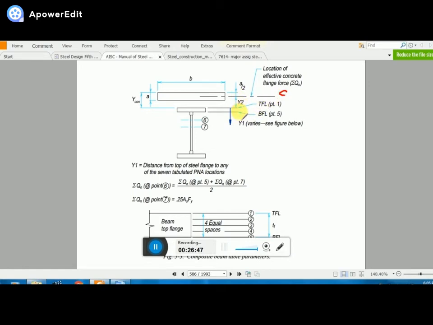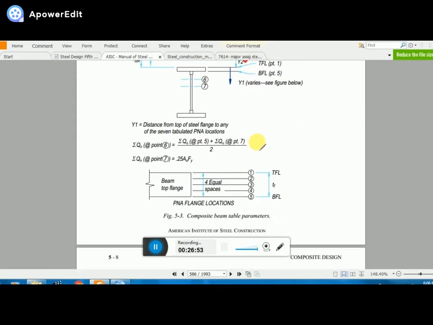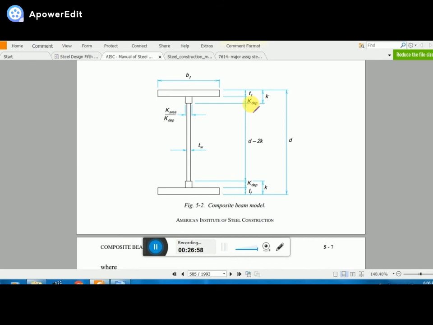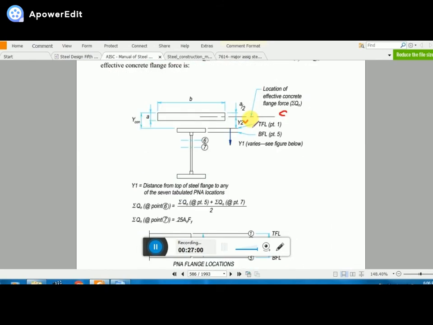And here you see what y2 is. y2 is the location from your top flange to that point. Okay, so this is important. My assumption in the beginning of the question was that y2 is the distance from the top flange to the C value, your compression force. Now, the important thing is that TFL is the top flange location.